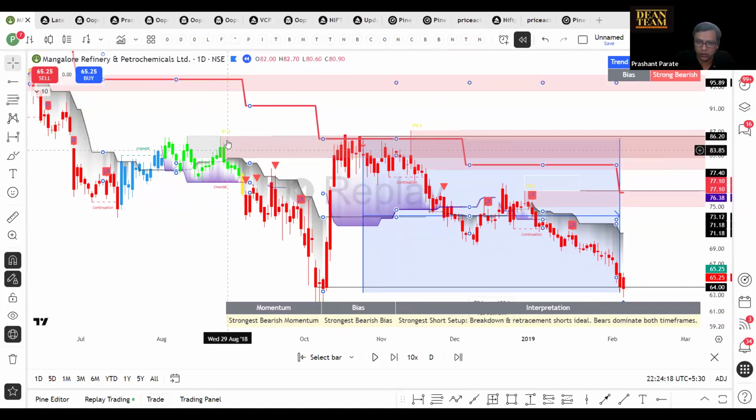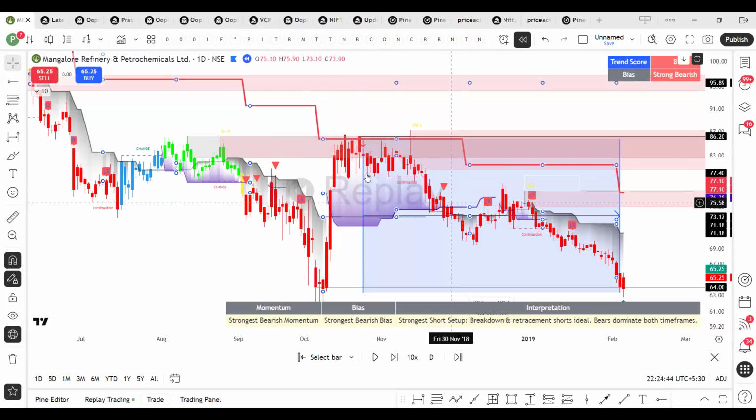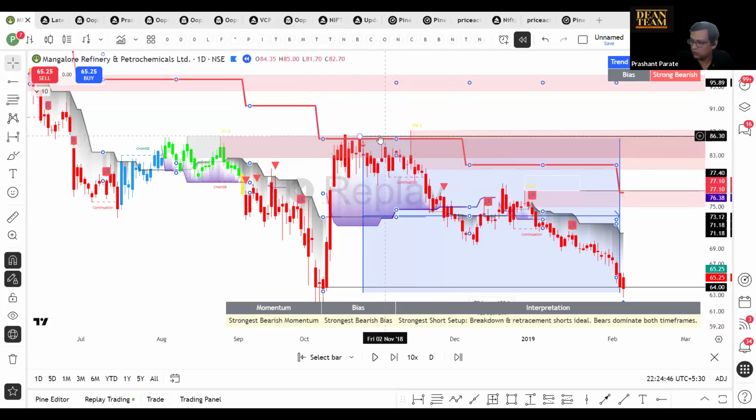There is a starting point and reversal point, both are there. And notice this, we have taken a short trade in this candle, 25th October. Before that, 1, 2, 3, 4, 5, 6, 7. There were 7 attempts, but it could not close above this zone. Right? And it went sideways for a few more days and then it fell down.